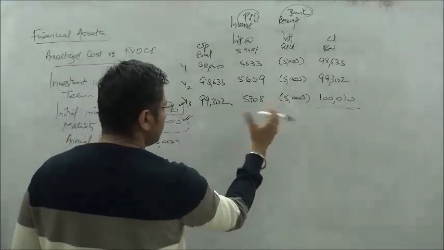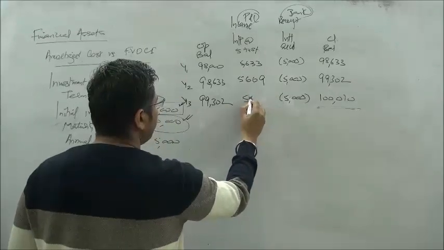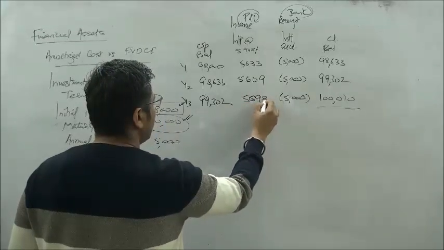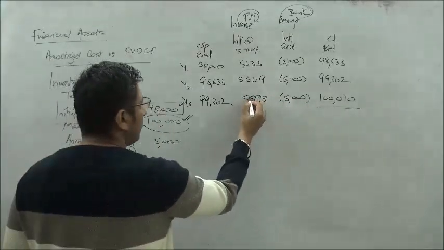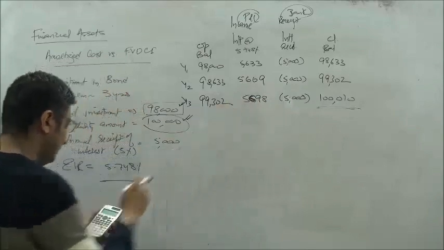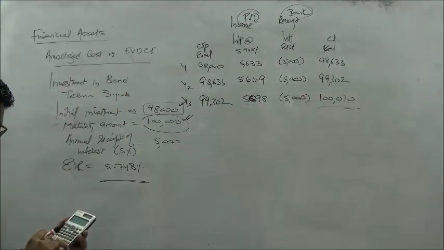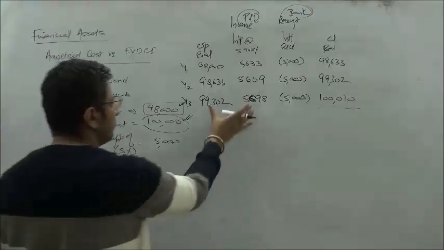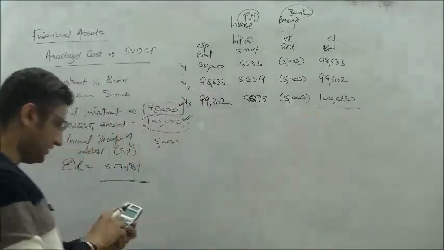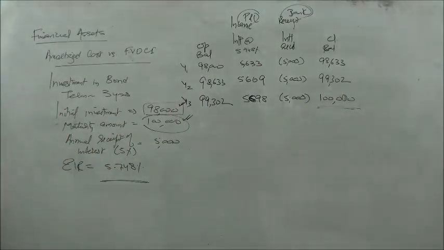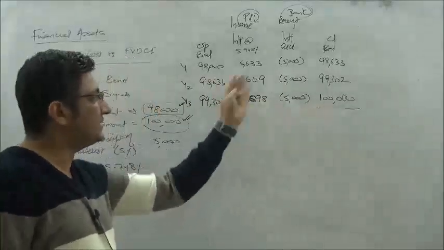So what I can do is, in terms of my accounting, I can even say this is 5698. Since the differential is minimal, I'm using this value 5698 as my income. So 99302 plus 5698, that gives me 105000 minus 5000 would result into accounting for the final value of my investment, which is 100,000.